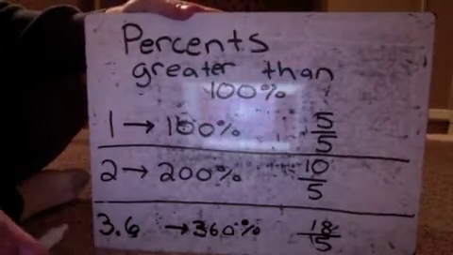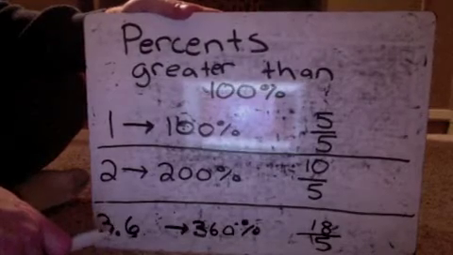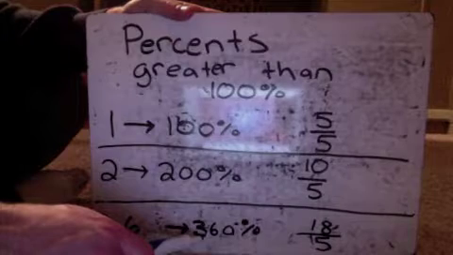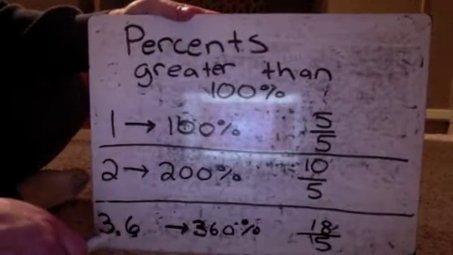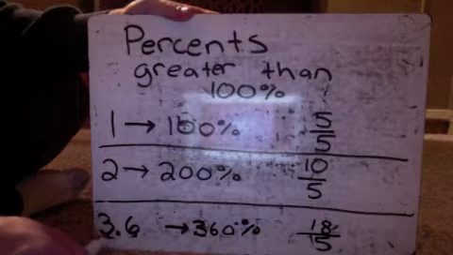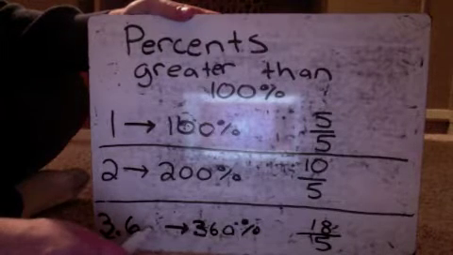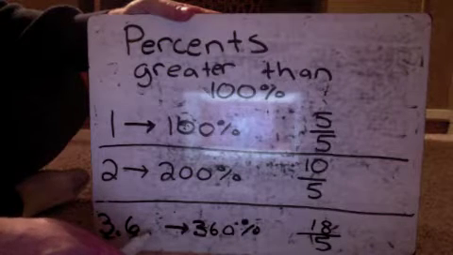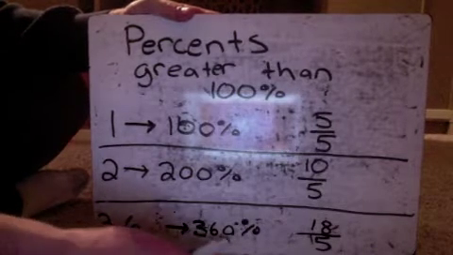Another example is if I had 3.6. We're going to talk about these conversions coming up here, but 3.6 is the same thing as 360%. And you'll notice that if we have a decimal in there, that front number is actually the hundreds place, and the next two are just like when we did the percents before, where we took the first two numbers after the decimal point. Same thing here.